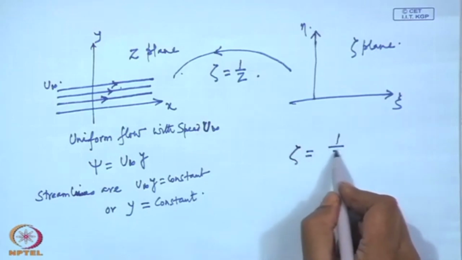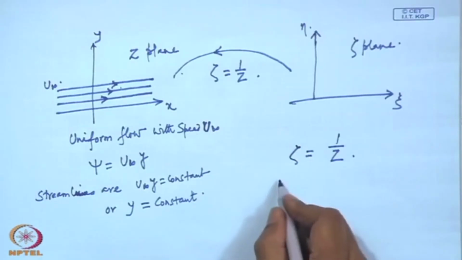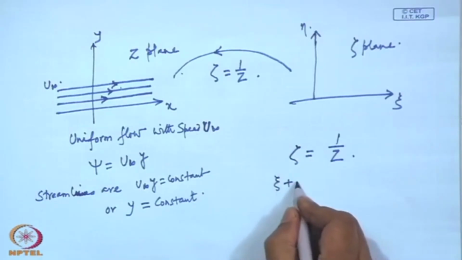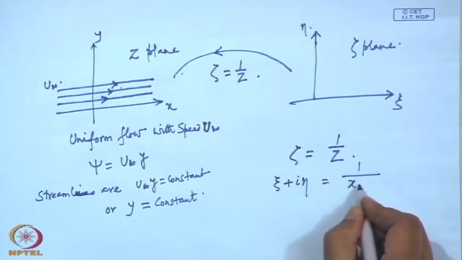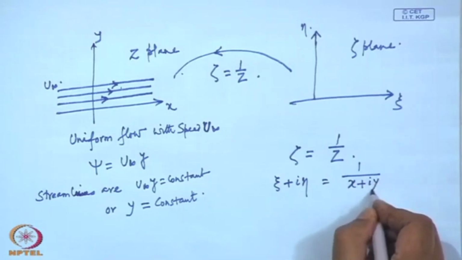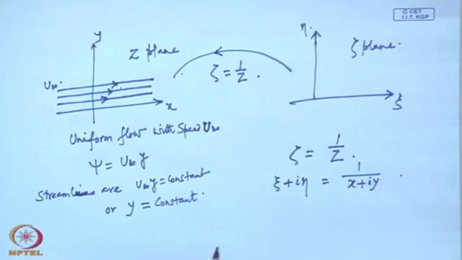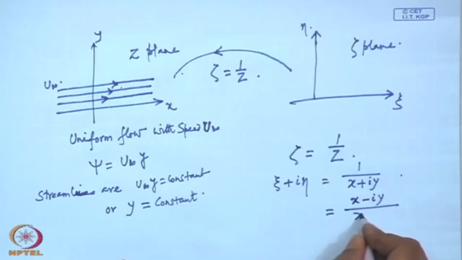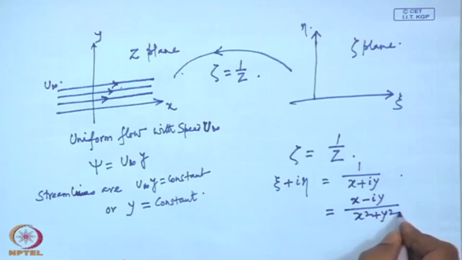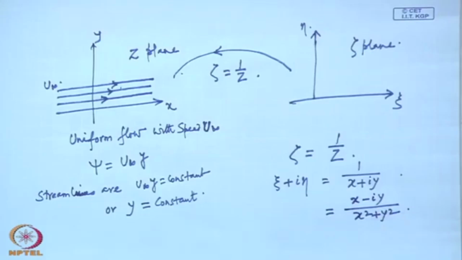Zeta equal to 1 by z, or we can write that, and equating real and imaginary parts.